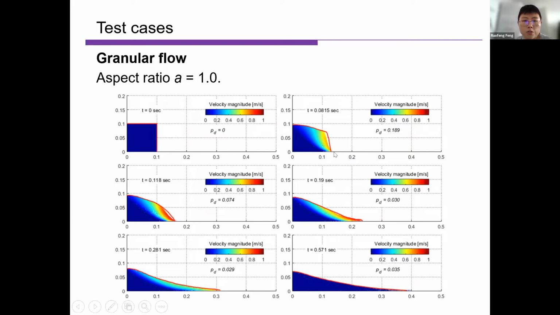And also we achieve a great agreement with experimental data in this case, except for some small gaps at the initial stage, which we think could be the limitation of our constitutive model, in which we do not consider the volume expansion here.